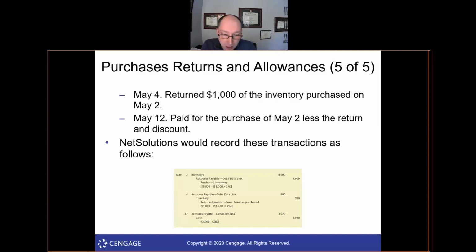So what we did is we debit accounts payable $3,920. That wipes out the entire payable, and we credit cash $3,920. The reason why $3,920 and not $4,900 is because $980 of that we received a discount on.